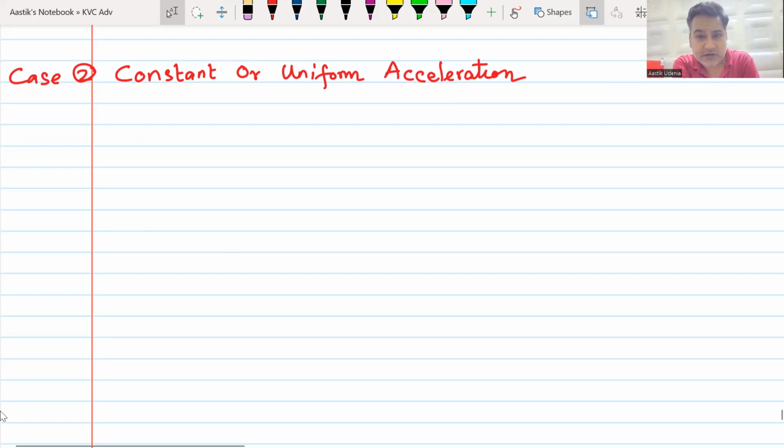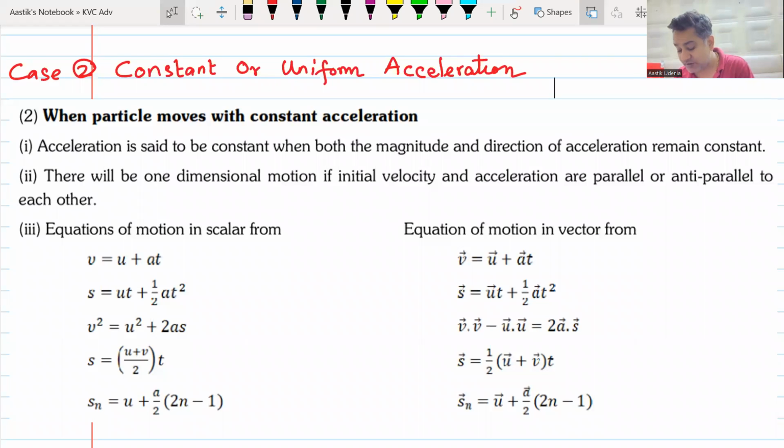Remember, vector equations are valid in all the dimensions. The scalar equations will be valid axis-wise or dimension-wise, along the x axis, along the y axis, and we will have to use proper sign convention with them. So these are the equations. Let us first discuss what we mean by uniform or constant acceleration.